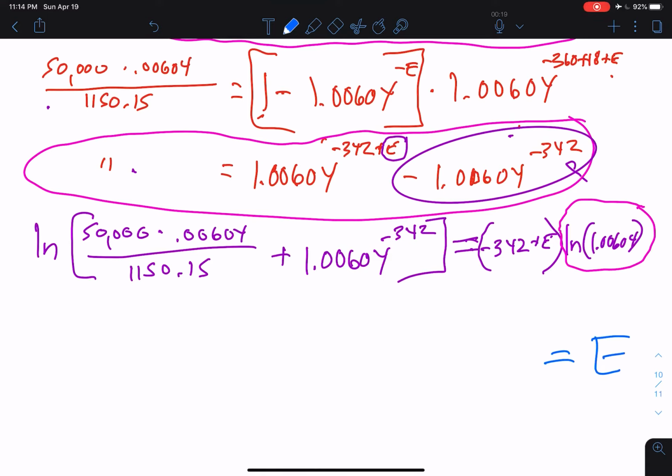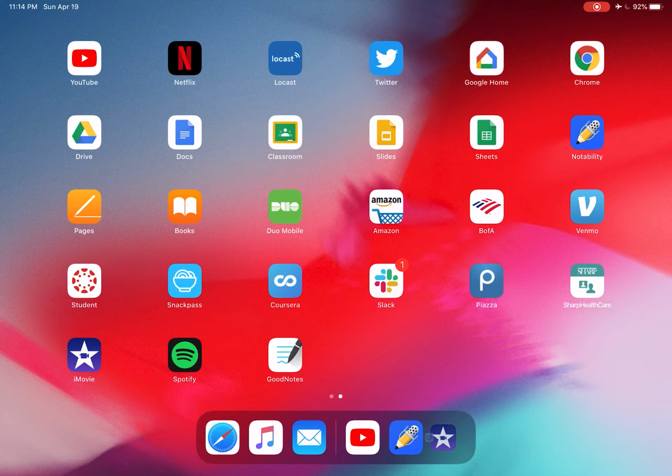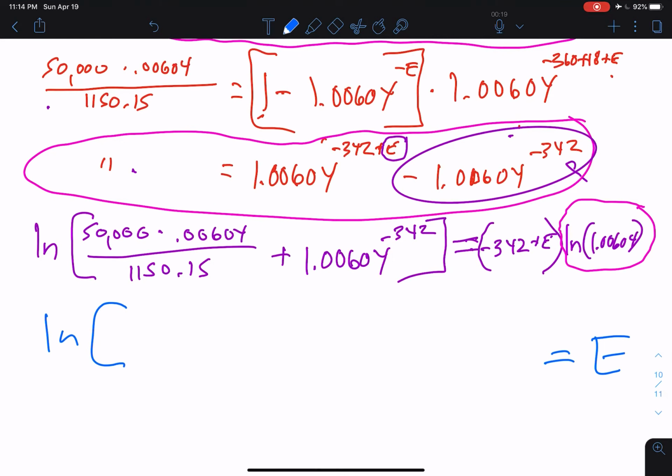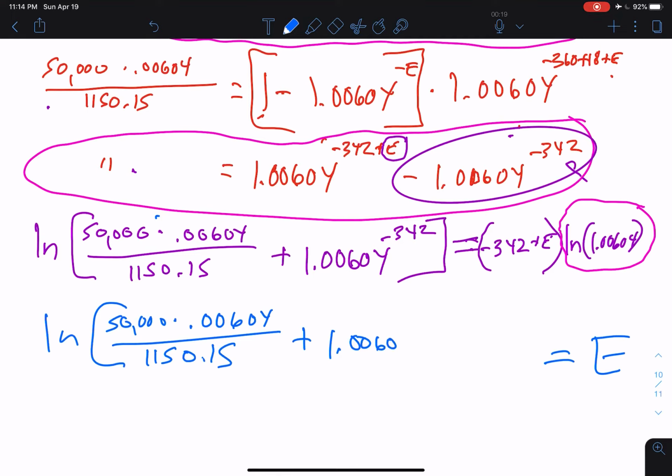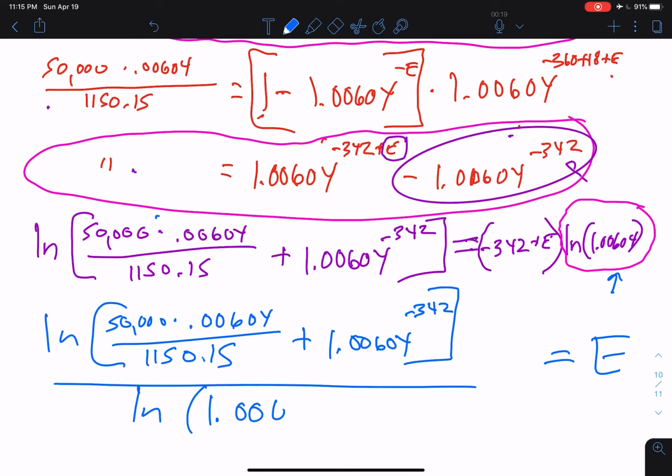And we're left with the natural log of this term here, 50,000 times 0.00604 divided by 1150, 15, plus 1.00604 to the minus 342 power, divided by this term, the natural log of 1.00604.